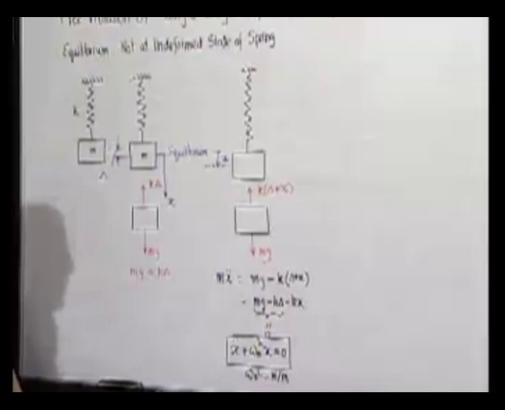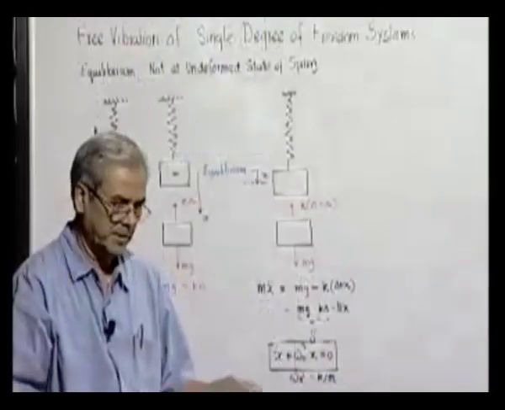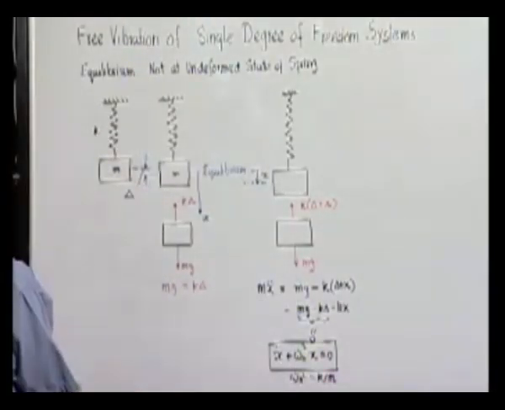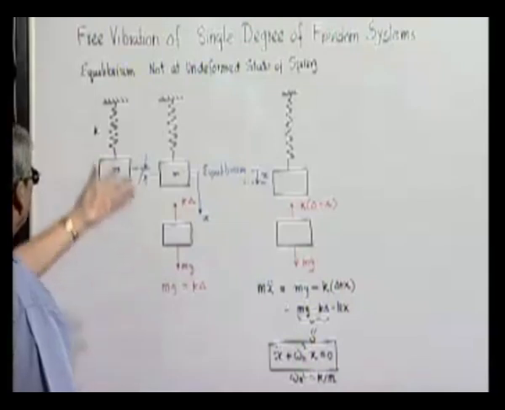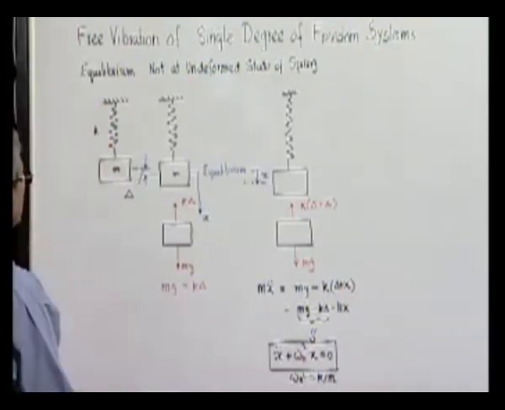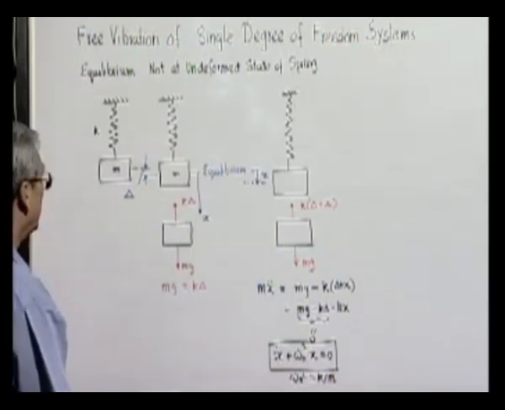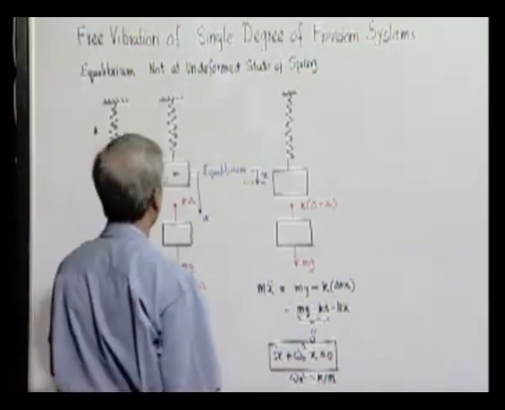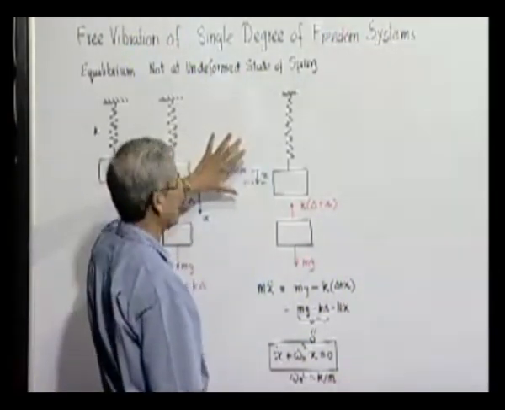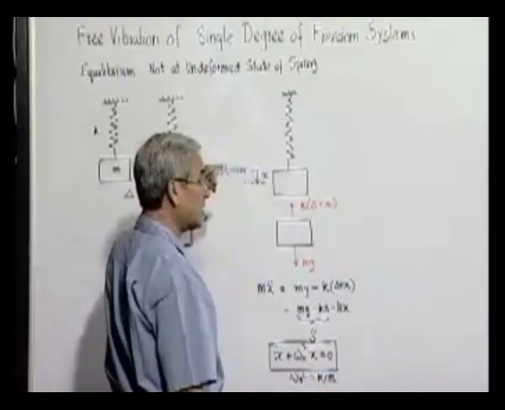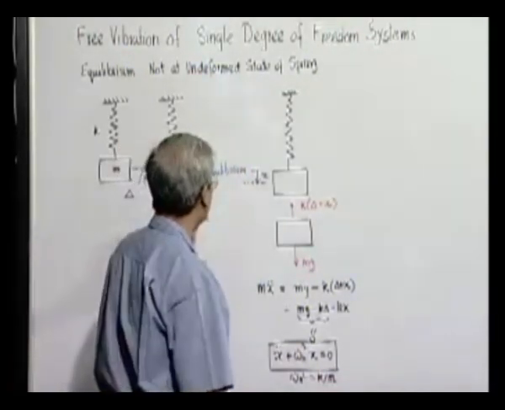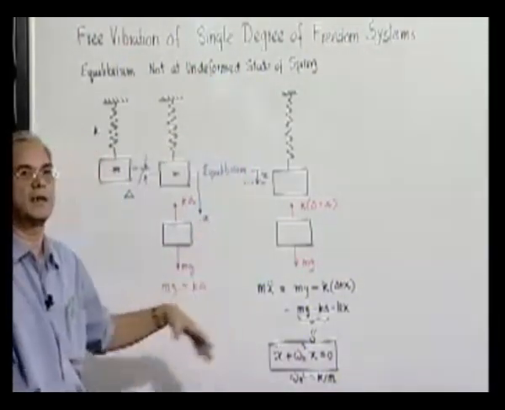So this is a very important point we should always keep in mind, that even if the system is under equilibrium under the action of the gravitational field, and we measure the displacement of the configuration or the mass from its equilibrium position, there is no need to account for the gravity at a later stage.